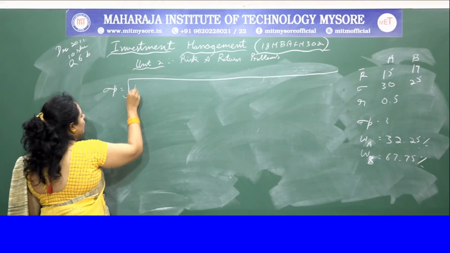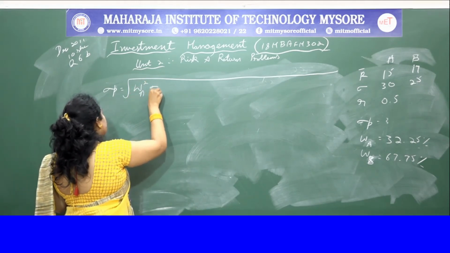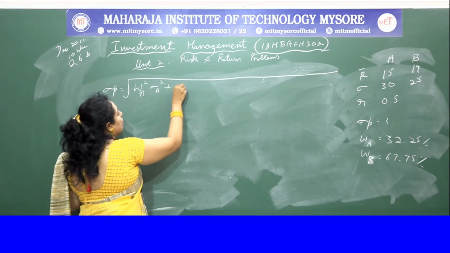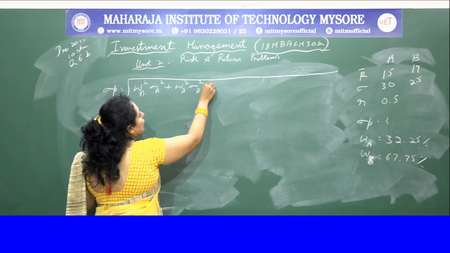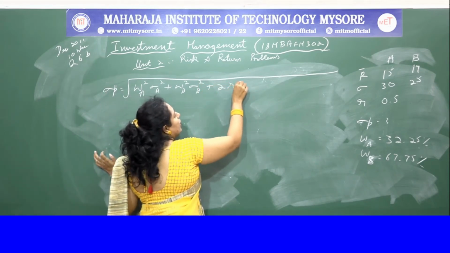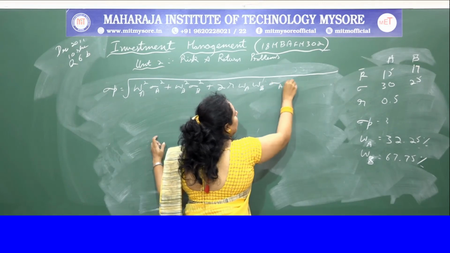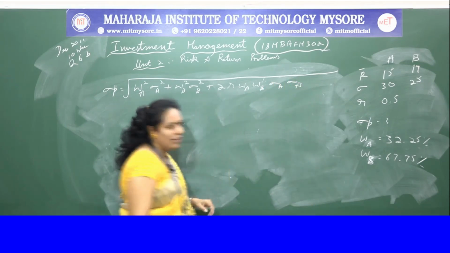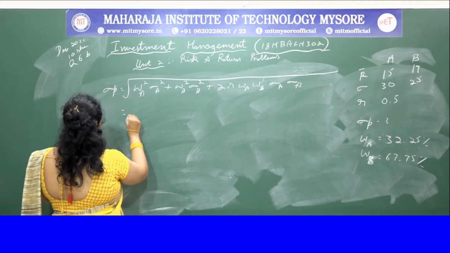I'll write the formula for all: weight A square, standard deviation A square plus weight B square, standard deviation B square plus 2 into R into weight A into weight B into standard deviation A into standard deviation B. This is the formula.